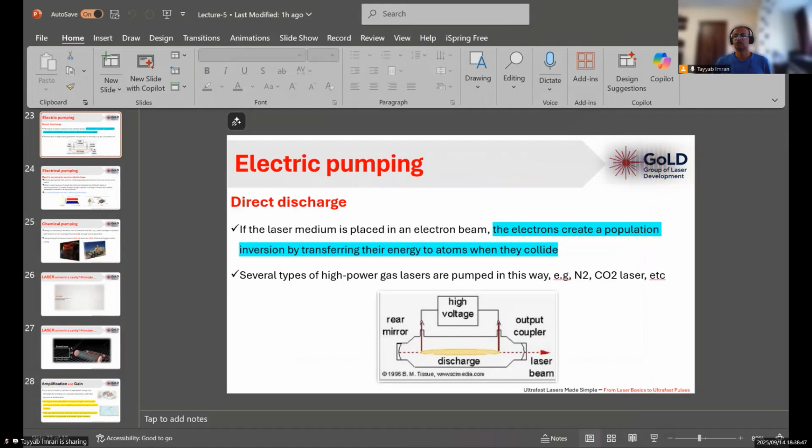Some lasers need a DC source, and some lasers may need an AC source. Also it depends on whether you want a pulse laser or CW laser. It depends on the frequency.